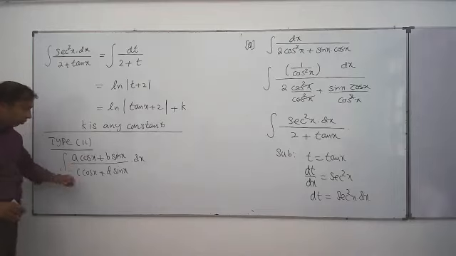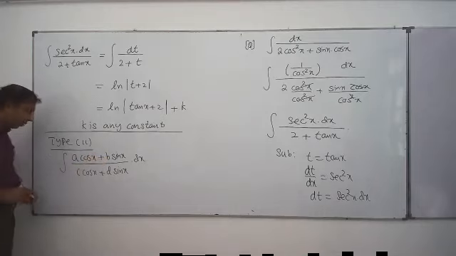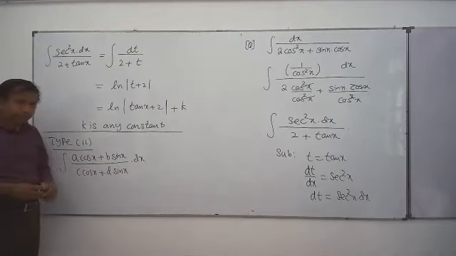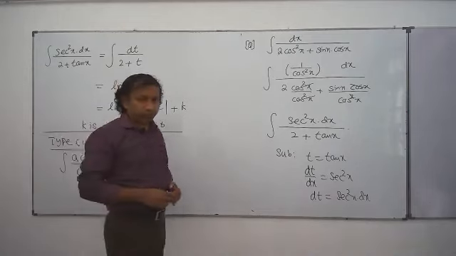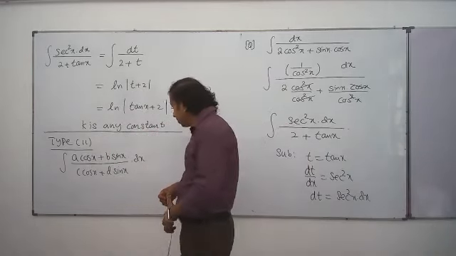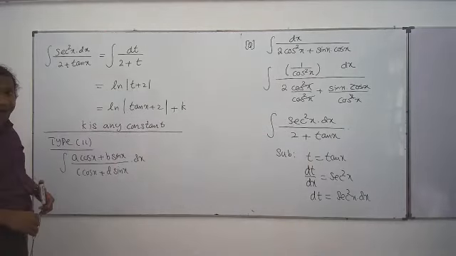Under type number 11, we discuss this type of integrands, both the numerator and denominator containing sine cos terms. In the next case, we consider a constant also possible in the numerator and denominator.